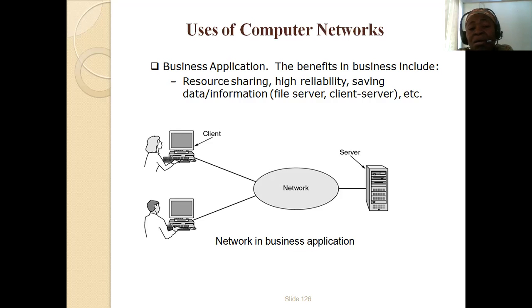But with computer networks, he doesn't have to do that. He can sit in front of his computer and place the order. He must have registered with the company and found out how their ordering system works, and then he places the order via the network.